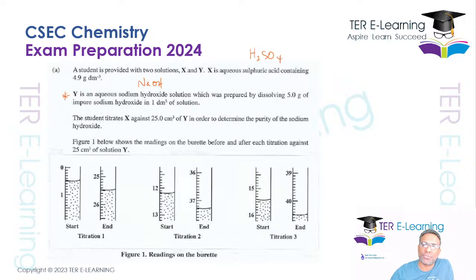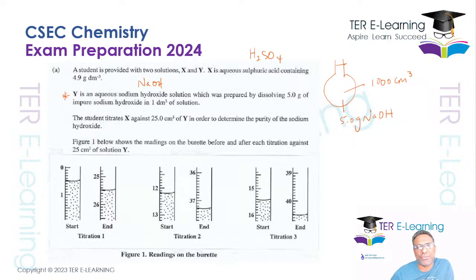So basically what they're trying to say is, you see that sodium hydroxide we made up there? We had a container with 1000 cm cube or 1 dm cube, and we added 5 grams of impure sodium hydroxide, 5 grams NaOH, and they're telling us that it is impure.